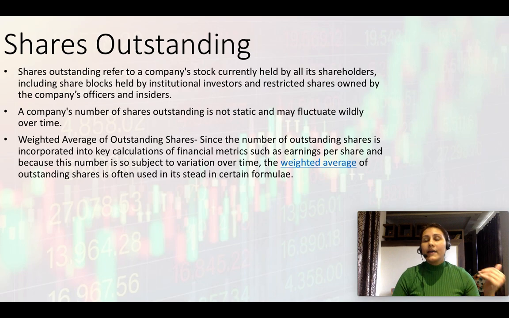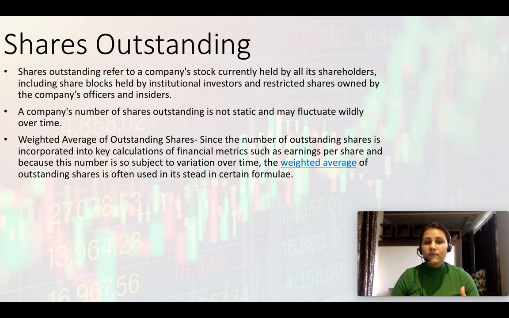That means every organization declares the value of their shares quarterly. Like in March it was this value, and then in June it was this value, so it keeps on fluctuating. Some companies, instead of using shares outstanding, prefer to use the weighted average of outstanding shares. The reason is that their outstanding shares are subject to too much variation over time.